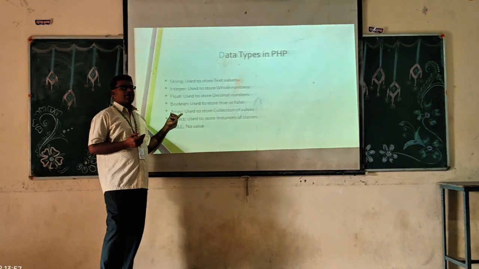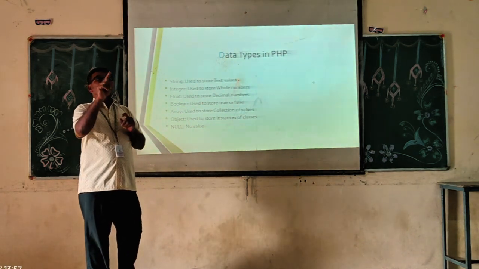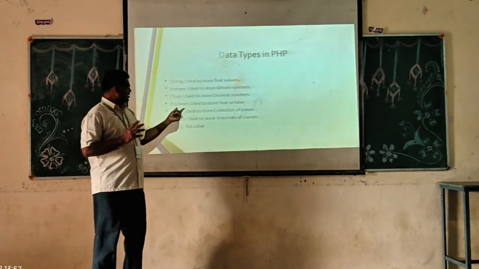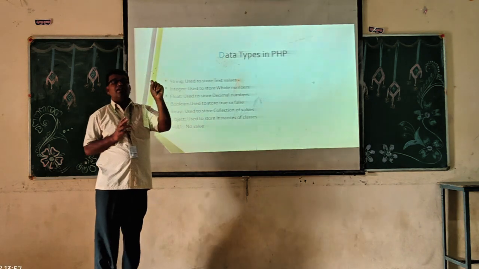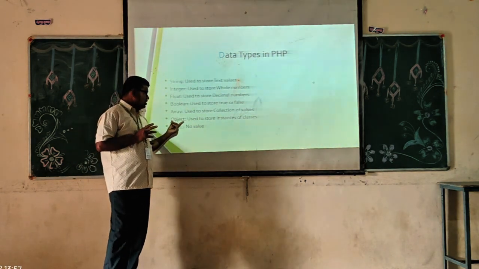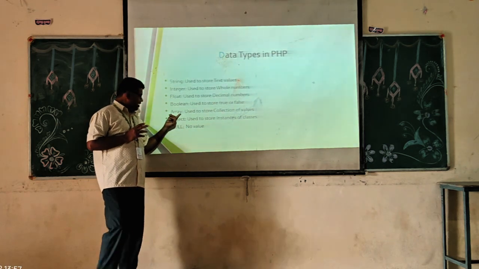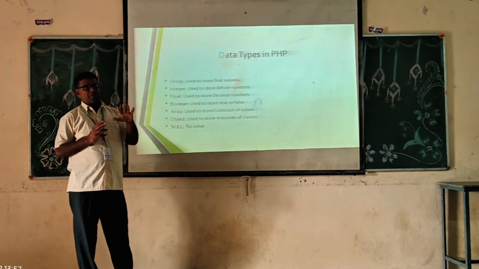And next, array. It stores a collection of values in a single name. That is called the array. And the next one is object. These two types, array and object, are used in PHP.